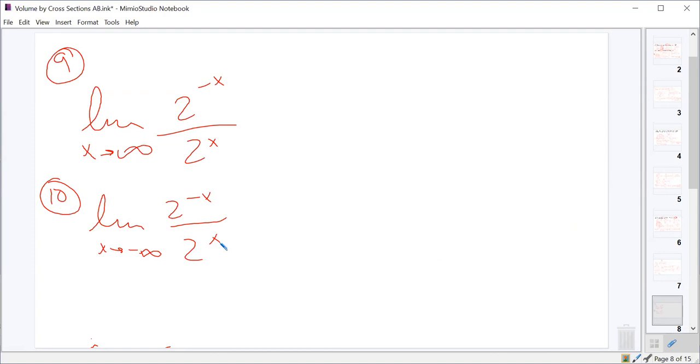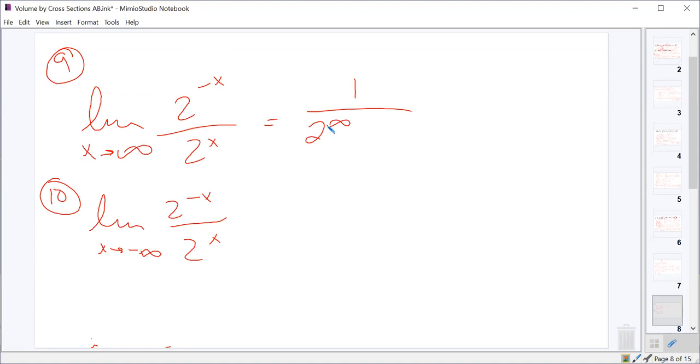Right, so looking at these two, if we were to plug in infinity, we know that 2 to the infinity is very, very large, and then this becomes 2 to the negative infinity. Well, a negative power drops to the denominator, doesn't it? So this one should become 1 over 2 to the infinity for the 2 to the x that's already in the denominator.